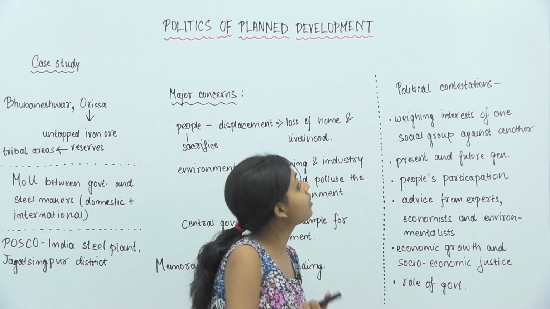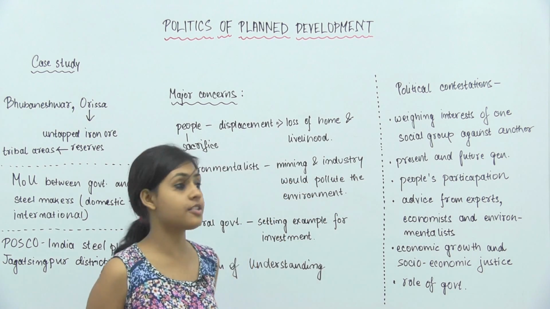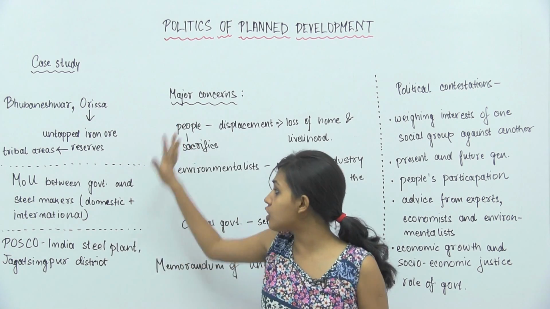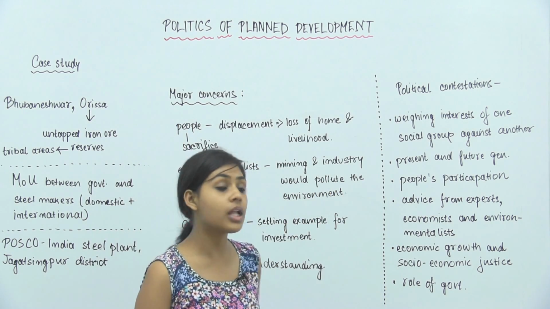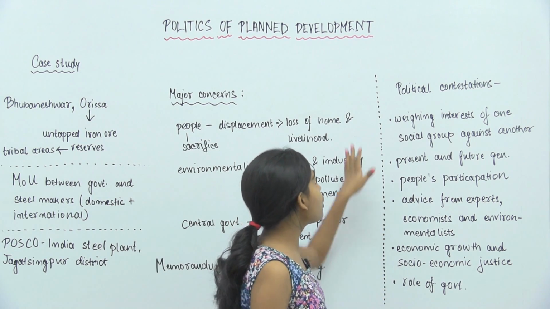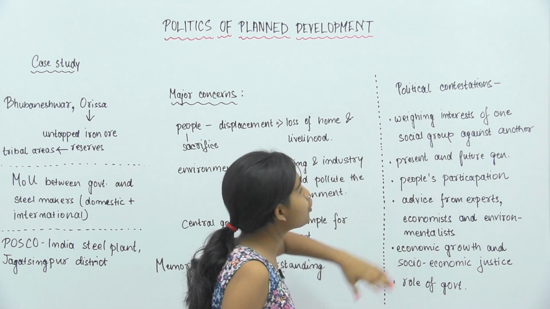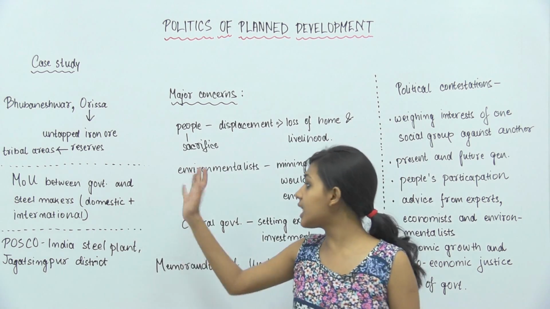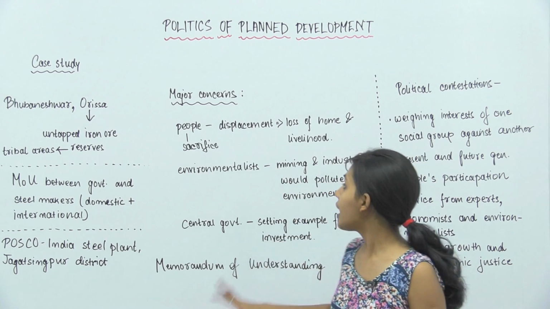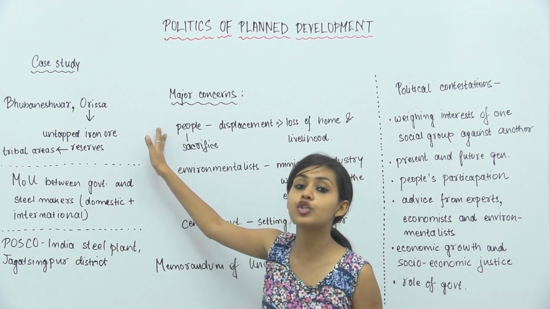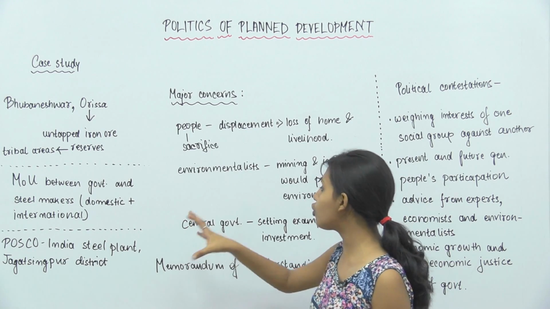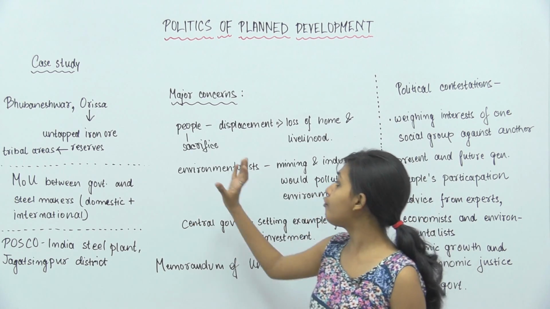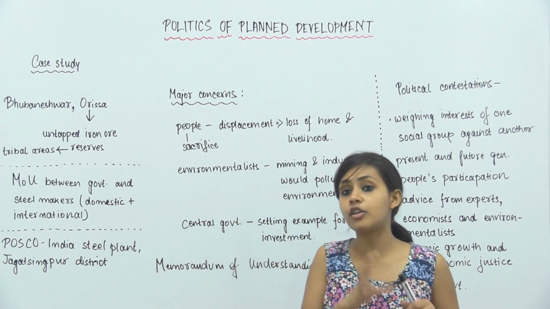Now let's look at what we have as political contestations, which kind of draws conclusions from this entire example that we studied so far. The first thing is weighing interests of one social group against another. जैसे कि इस example में भी हमने देखा, if this is a social group and this is a social group and this is a social group, or maybe the investors are a social group, if we want to put their interests first, it contradicts the interests of others.